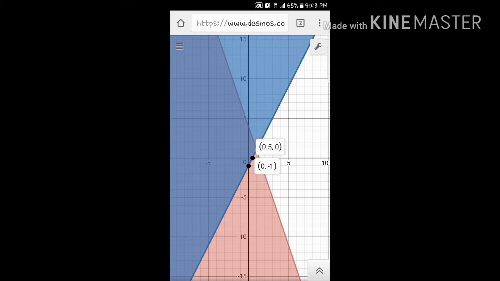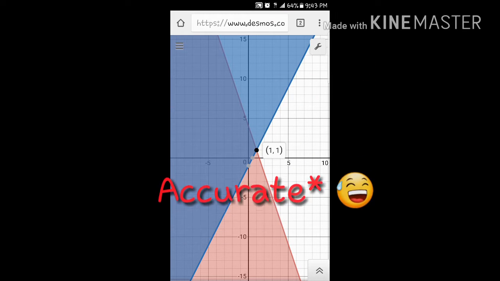Then you pick another point, which is 0.5, which they don't usually tell us to do, but you can. Or you can find another point, which is (1, 1). You always want to go with the integers because they're more accurate.